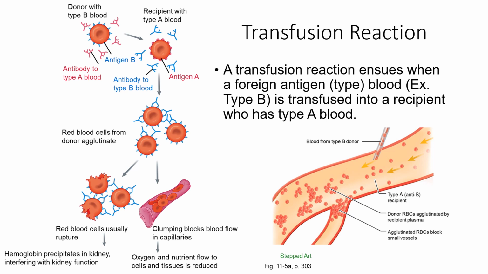If you introduce a foreign blood type into a person, their antibodies against the A, B, or Rh factor will cause agglutination of that foreign blood, causing clumping of those foreign erythrocytes, which can cause clots or clogs in small vessels.